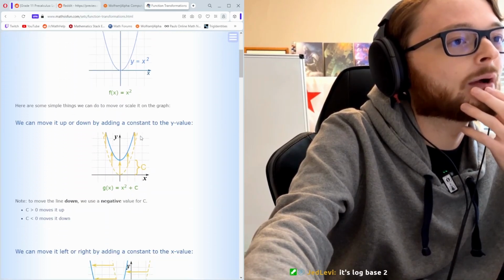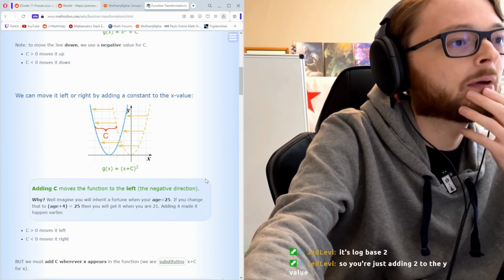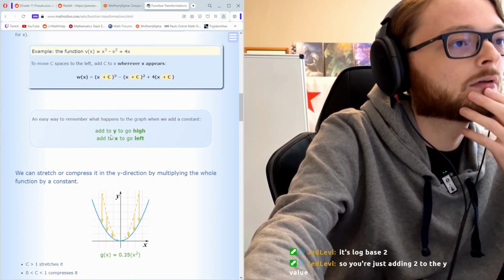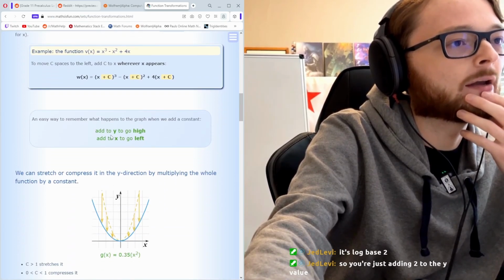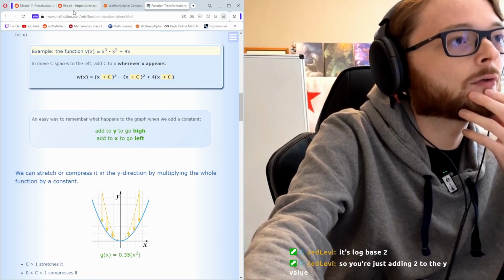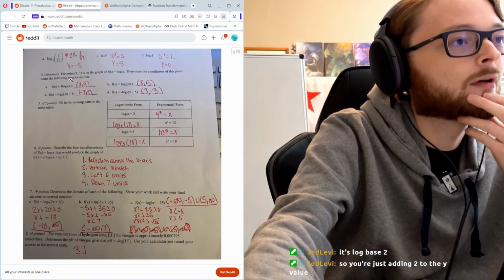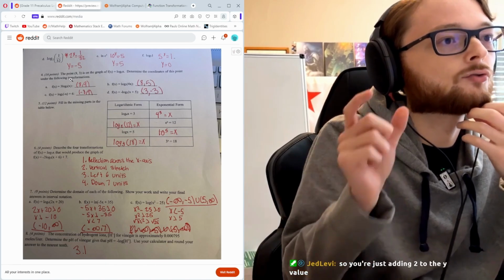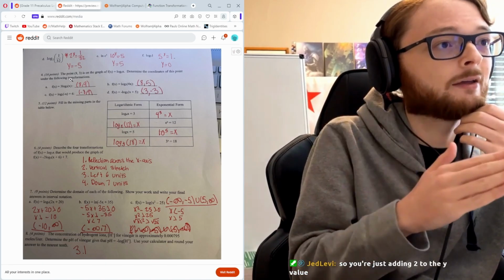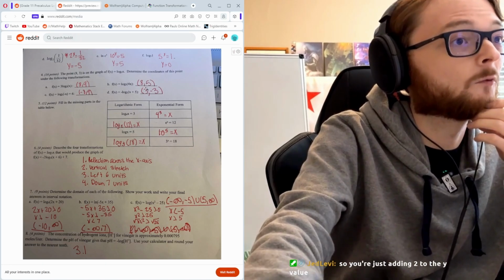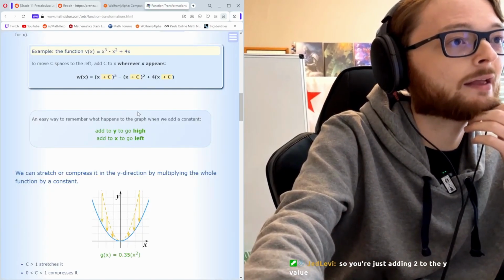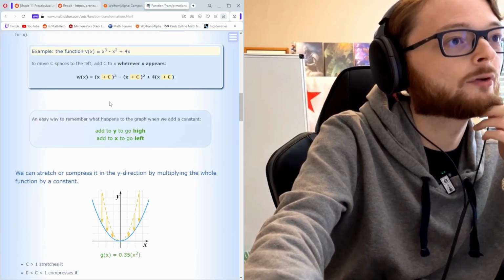Just adding 2 to the y value. What do you mean multiplying 2 to the y value? No, you're right. It would just be adding 2. But you need to track the 8, 3 point. And if it gets shrunk, I think we need to divide the x coordinate by 4, potentially, to track that same point as it gets transformed.